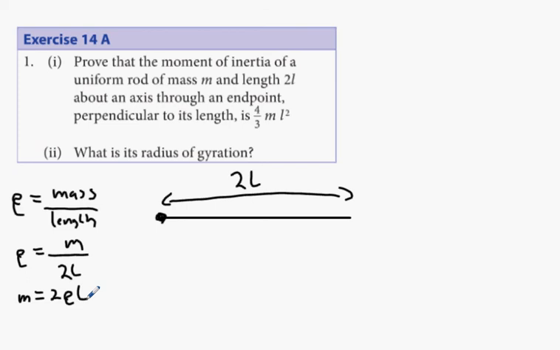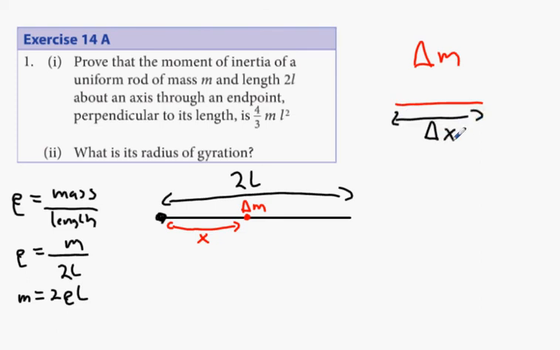Now, what we then do is pick a random chunk of rod. And what did we say about that random chunk of rod? We define its mass as delta m, and we define its distance away from the axis of rotation as x. We then take a zoomed in look at delta m. Delta m is also in the shape of a rod, and therefore it has a length.